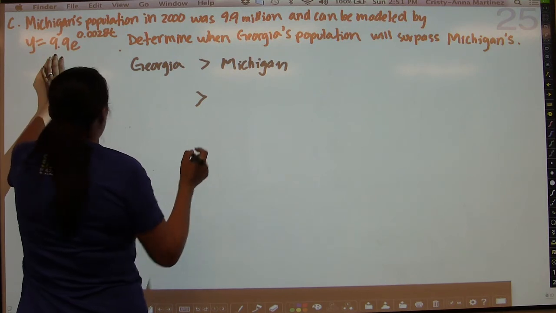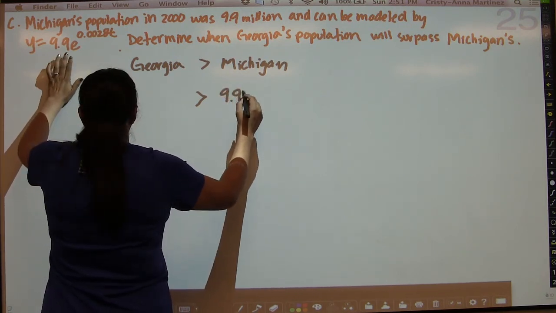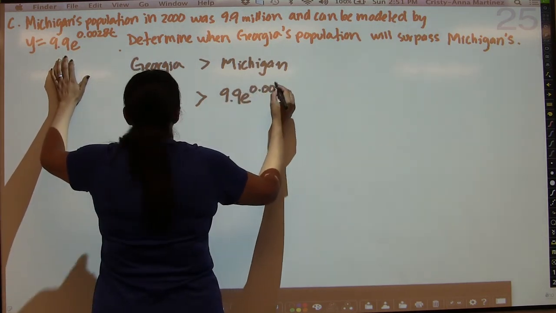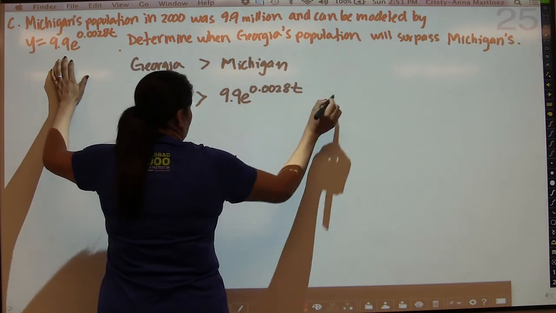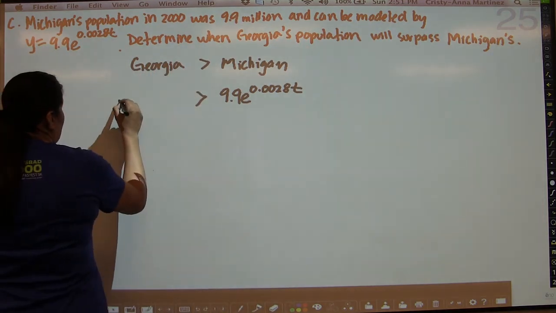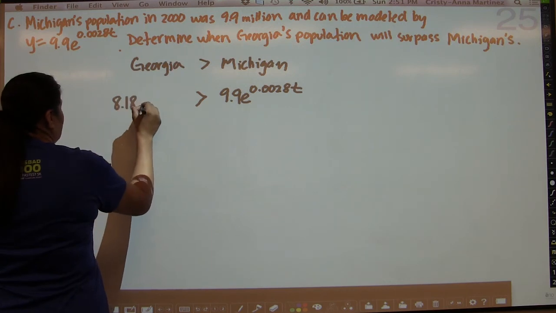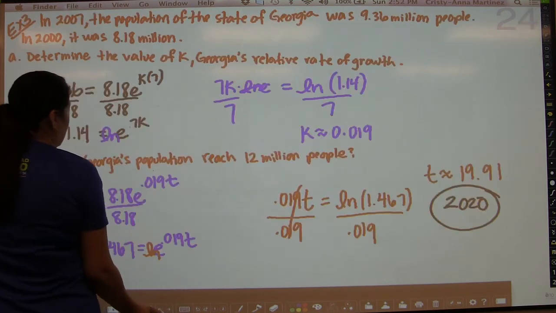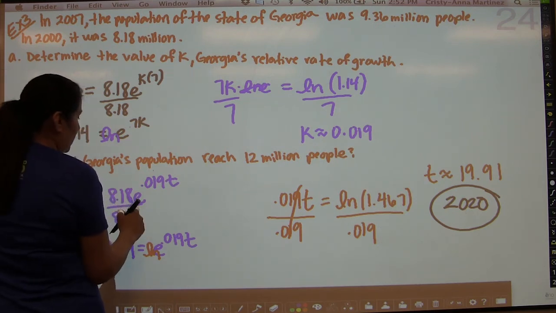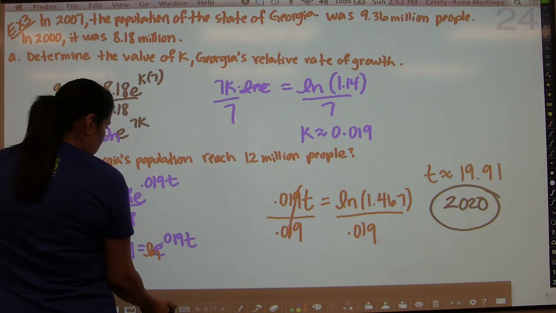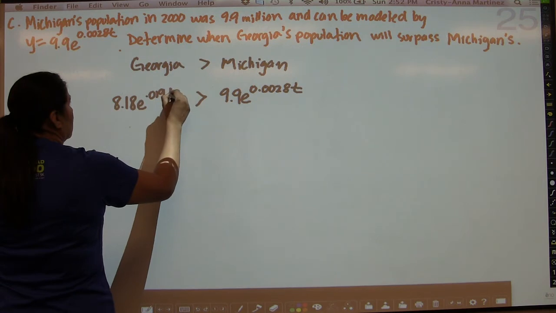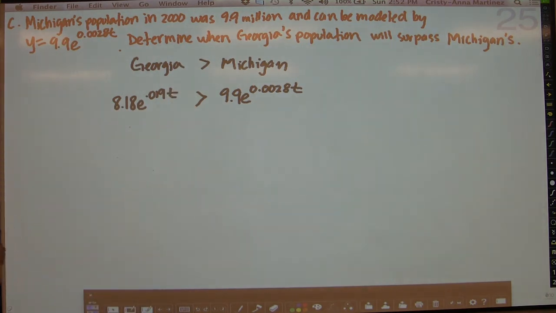So all we have to do here is plug in the formulas. For Michigan, we have 9.9 e to the 0.0028t on this side. And on the left, we're going to use Georgia's, which was 8.18 e to the 0.019t. All right, that's what we had for Georgia.